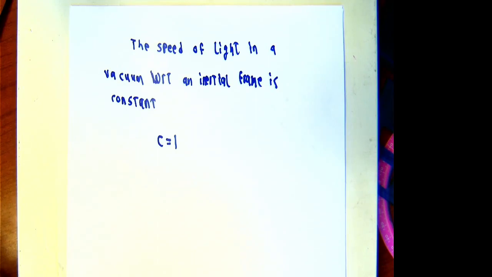That doesn't change any physics. We're going to adopt units where c equals 1. We might, for instance, be using light years for distance and years for time, the speed of light is 1 light year per year. That's not the way people usually do their units. We'll talk about that another time.